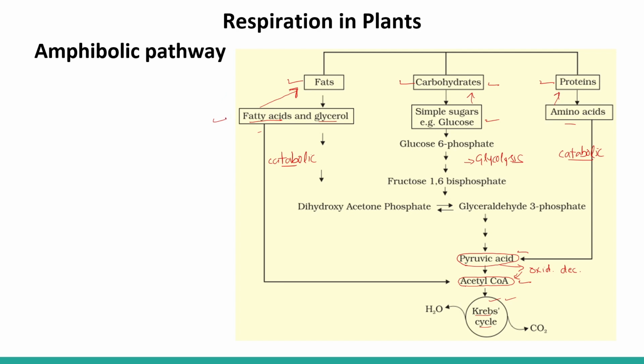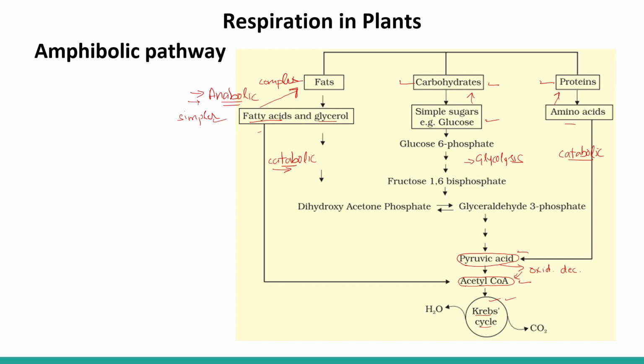So from simpler molecules or compounds, a complex molecule is synthesized depending upon the requirement of the organism. So this process is anabolism, or anabolic pathway.